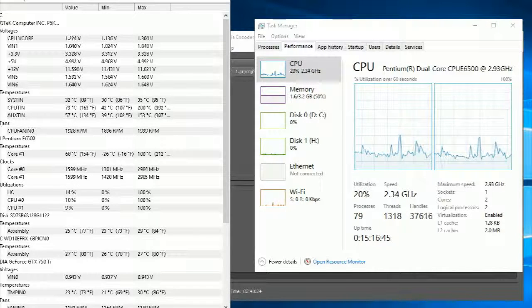Now, I don't know why it's only giving me core 1 temperature, not core 0, but I'm assuming that they'll both be around about the same. So I'm reckoning that, if you can see, the megahertz here is fluctuating quite a lot.